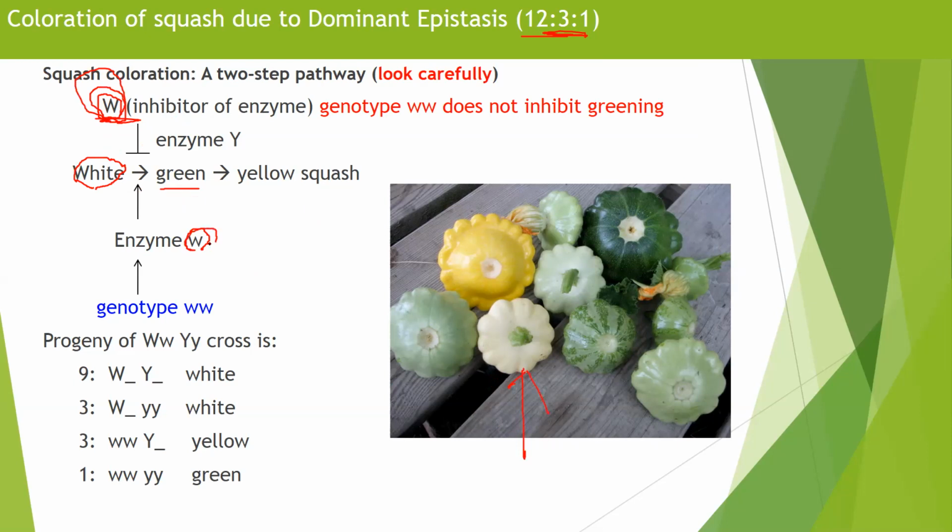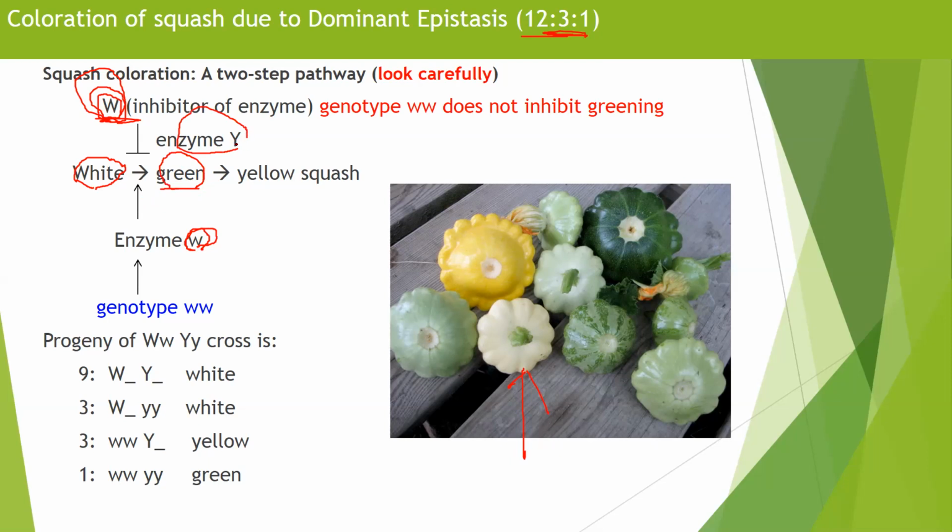However, if the W gene is recessive, this pathway will not be inhibited. So this kind of genotype can transform the colorless precursor into the green intermediate product. And then only in this case, another gene, the Y gene, can be functioning.